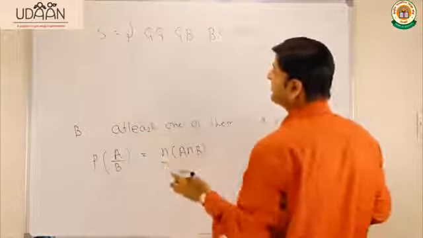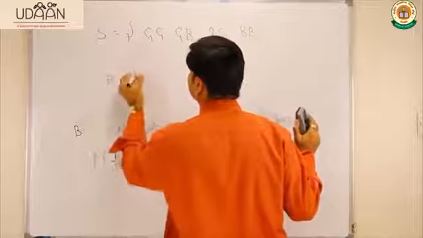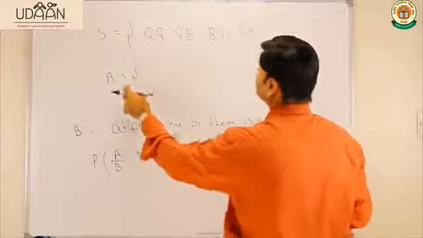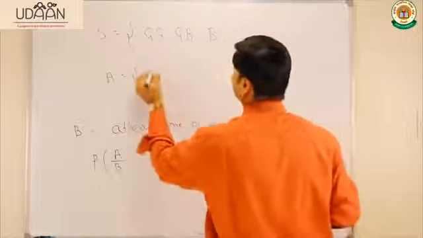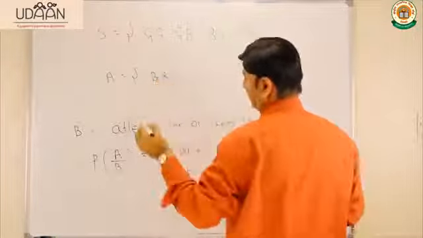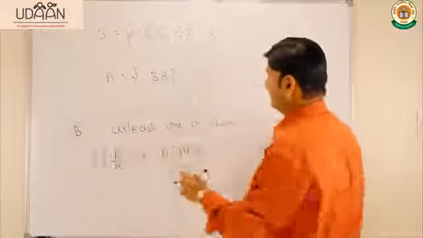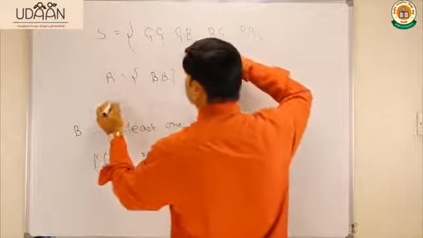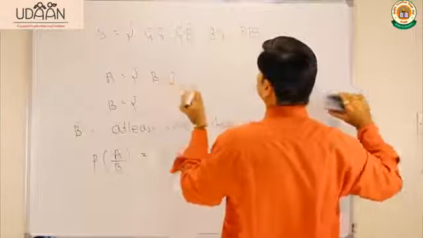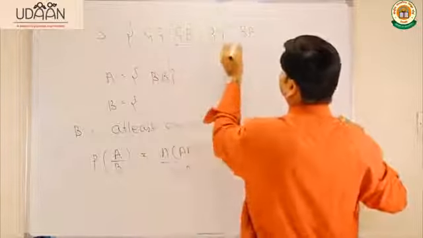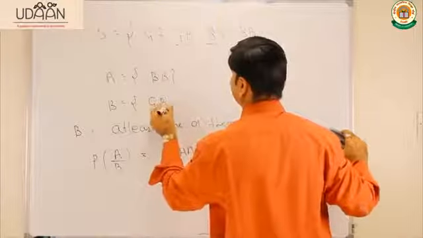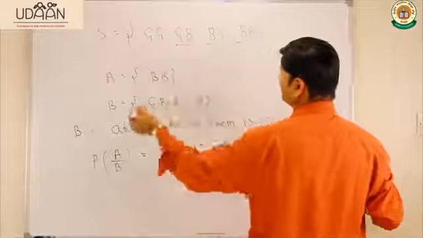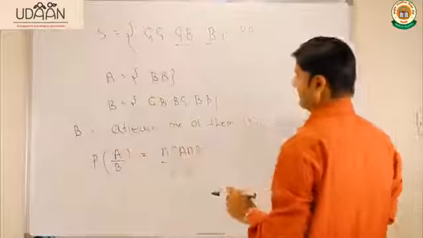Event A is that both are boys, so obviously it will be BB. The given event B says at least one of them is a boy. So please concentrate in the sample space and tell me when you are getting at least one of them a boy. I think it is obvious that GB or BG or BB, these three are the event B.